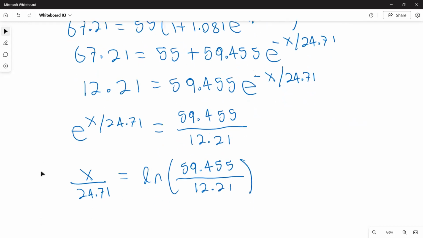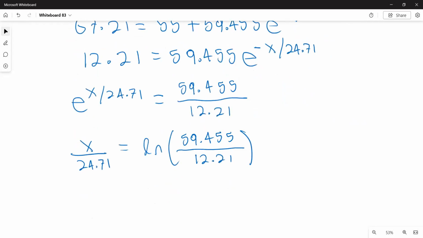And x is 24.71 times the natural logarithm of 59.455 over 12.21.